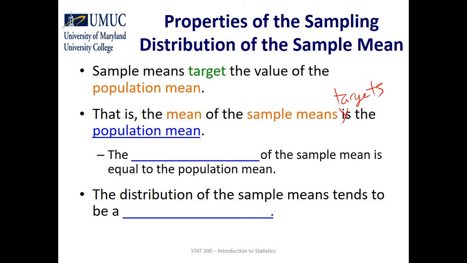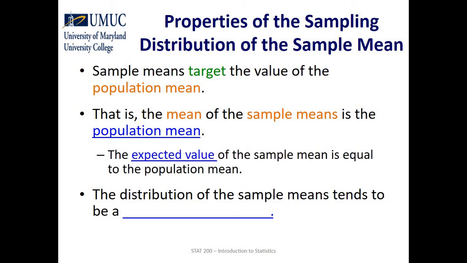Okay, so what is this saying? If we take the mean of a whole lot of sample means that we have computed by sampling over and over and over again, then we're going to get a value that's very close to, or that targets, our actual population mean, which is what we are looking for when we do this. Okay? The expected value of the sample mean is equal to the population mean.